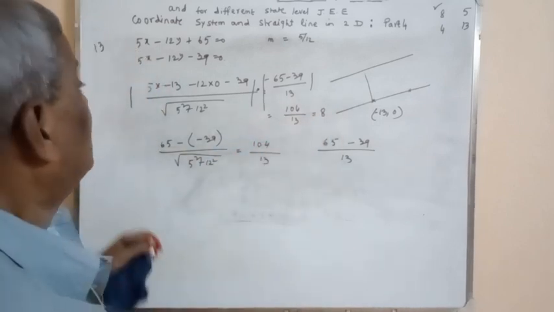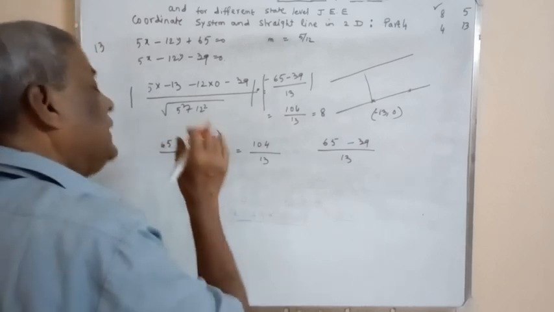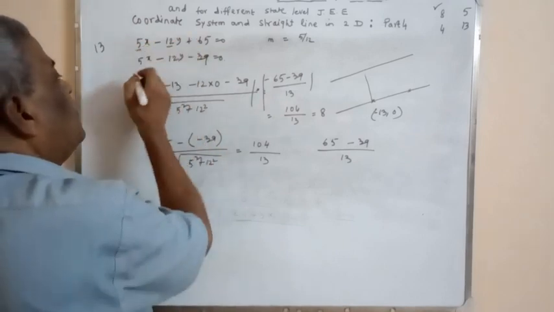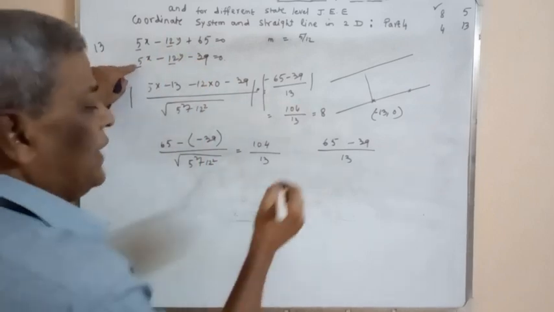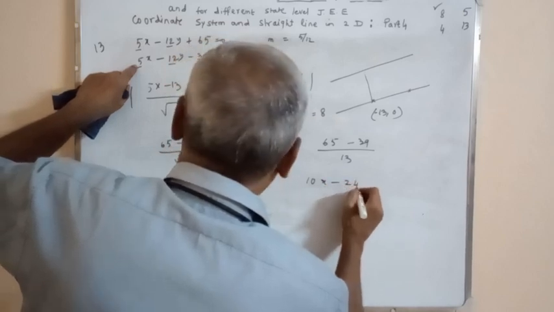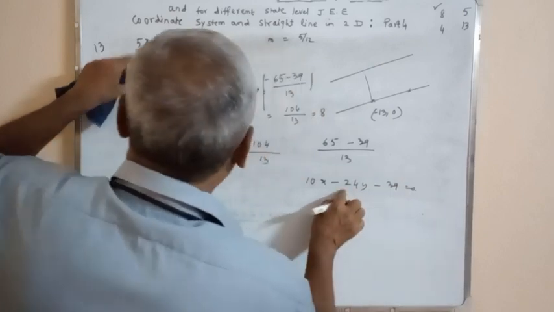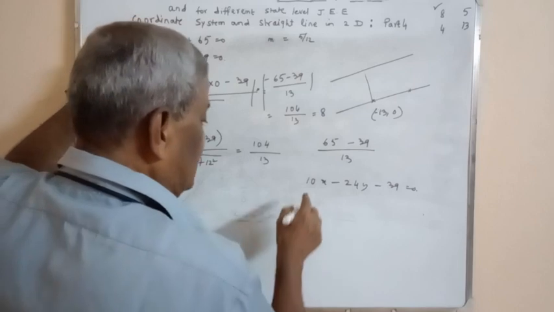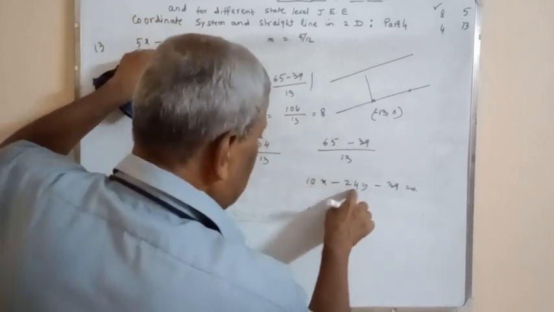And before calculating that, one thing we have to consider is that the coefficient of x and coefficient of y must be the same for both cases. It may so happen that it is 10x minus 24y minus 39 is equal to 0. They are parallel, but the coefficient of x is 5 here and 10 there. The coefficient of y is minus 12, that is minus 24.